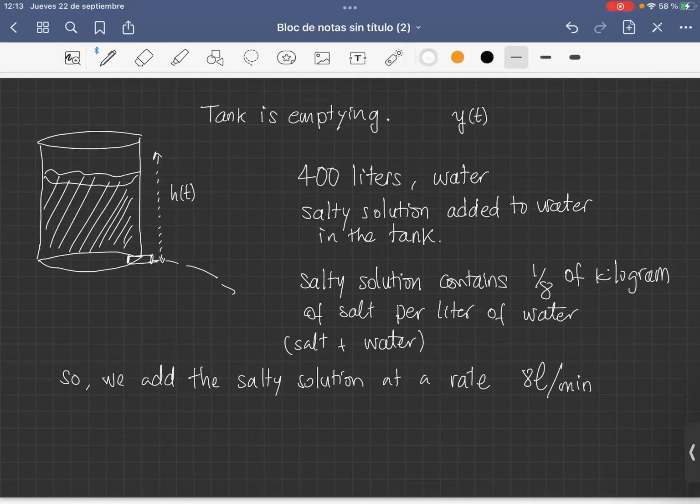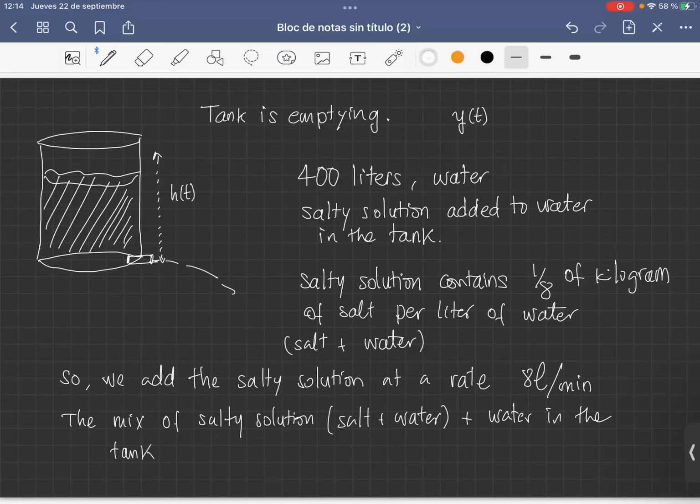And we are gonna suppose that the whole mix is gonna be homogeneous at all times. So the mix of salty solution, which is basically salt plus water, plus the mix with the water in the tank, it's going to be homogeneous at all times.